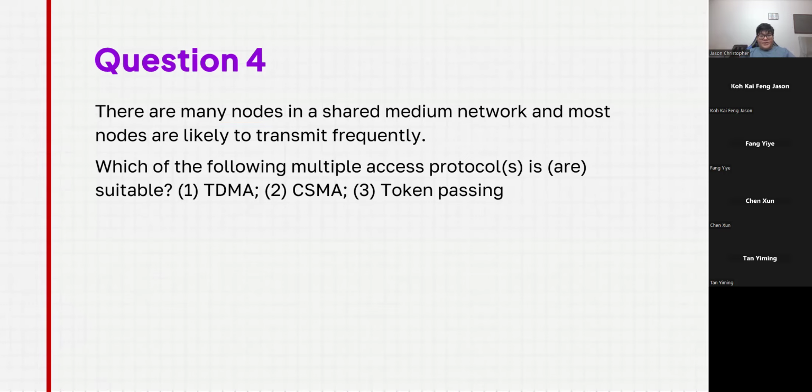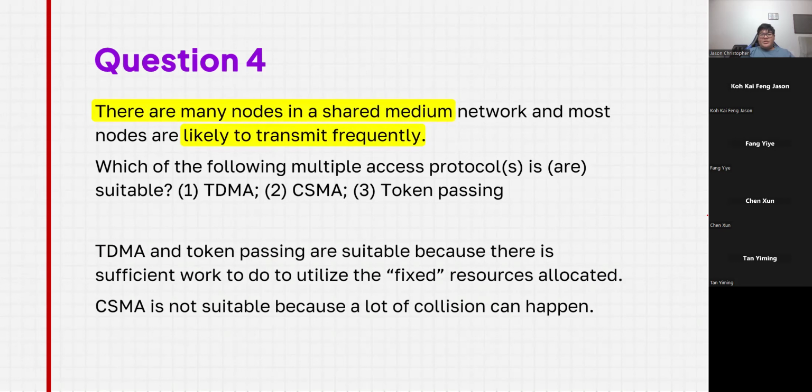Okay, so a majority says token passing, 8 people say TDMA, 3 people say CSMA. I think the two majority answers are correct. So the answer here would be that both TDMA and token passing are suitable.